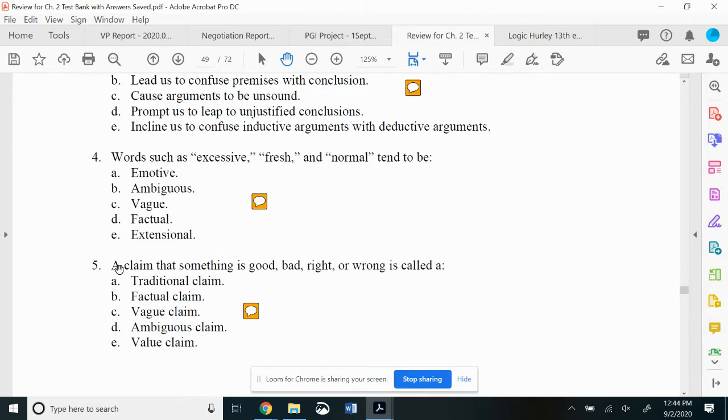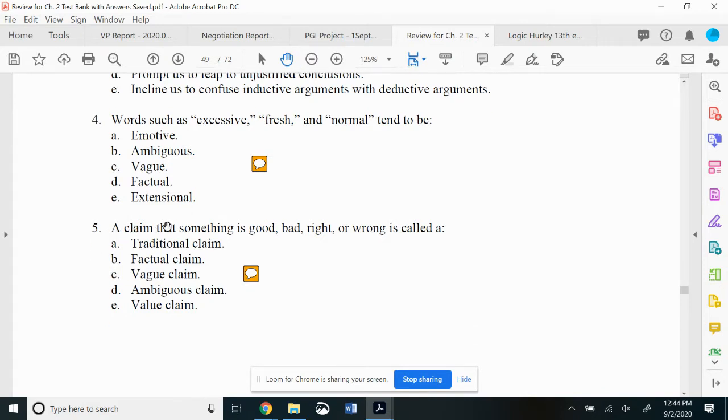You struggle with that. 5, a claim that something is good, bad, right, or wrong is value. If you want to know more about value claims, good, bad, right, and wrong, usually we see right and wrong referred to as actions, and then good and bad referred to as character of persons, good and bad people, instead of right or wrong people.